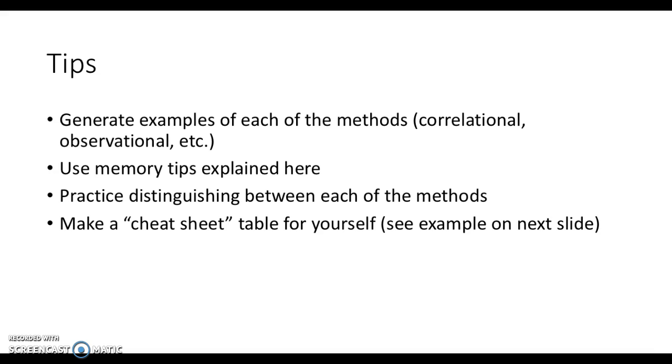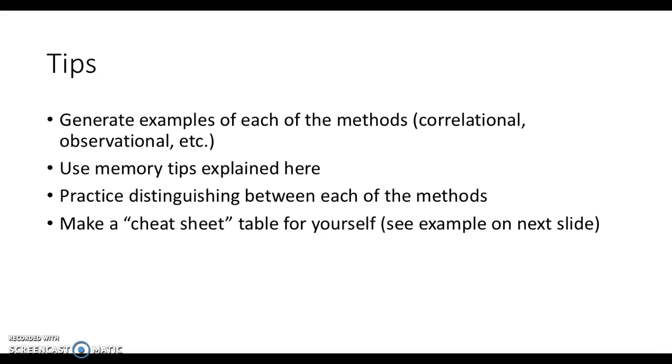Okay, so some overall tips on how to think about this chapter, or maybe how to study more effectively for this chapter, are to generate some examples of each of the methods. Now, I've given you a couple of them, but it's actually going to help you remember better if you can generate your own, so that you can look at why each example that you came up with really fits the criteria.